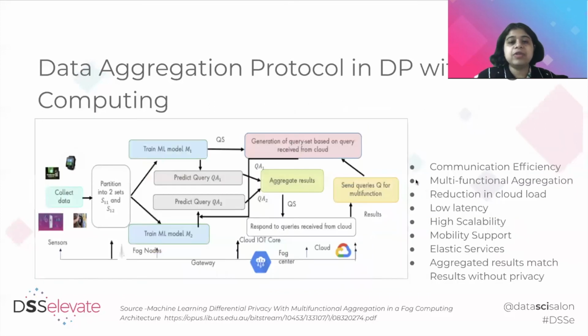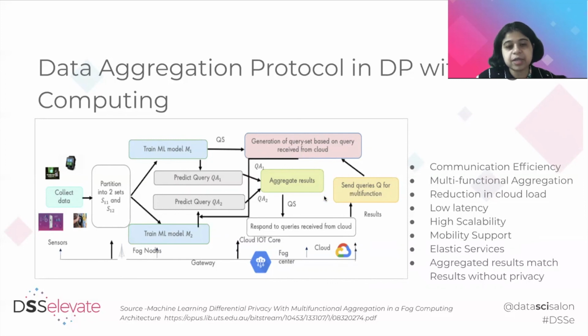Now let's look at this framework. This is again a fog computing environment where we try to leverage Google Cloud. We collect the data from different sources, and the aim is to ensure computational efficiency and multifunction aggregation. We train two different models by partitioning the data set into two given model inputs, and then we generate a query-based response for a system query received from the cloud.